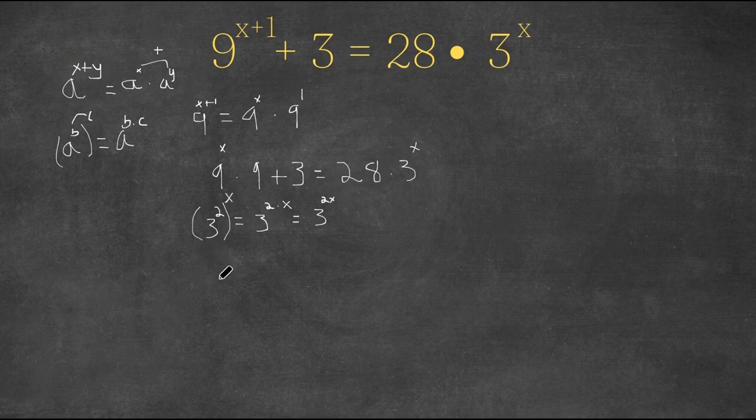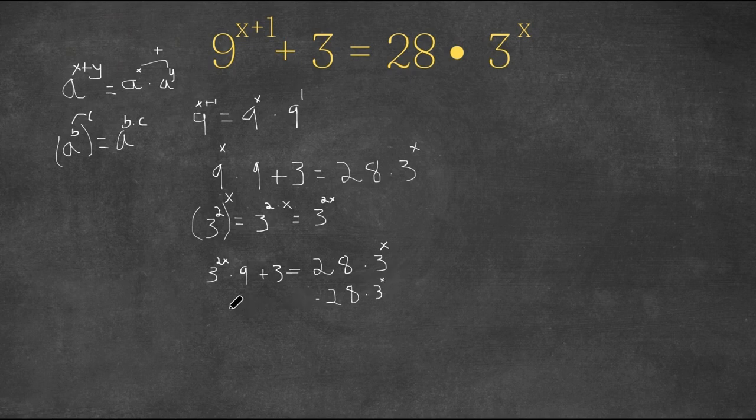Now we can rewrite our equation as 3 to the power of 2x times 9 plus 3 equals 28 times 3 to the power of x. All right, now we're going to subtract 28 times 3 to the power of x on both sides.